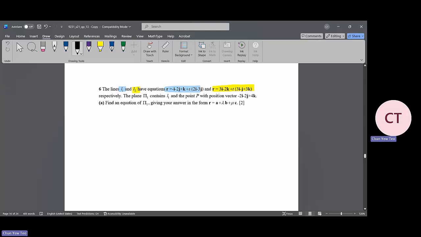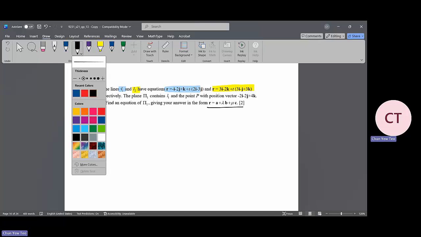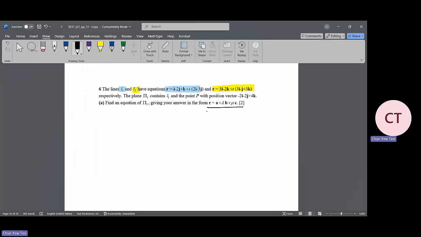The plane pi 1 contains L1 and the point P with the position vector negative 2i minus 2j plus 4k. Find the equation of pi 1, giving your answer in vector equation form. So what you need to do is to find two directional vectors of the plane.